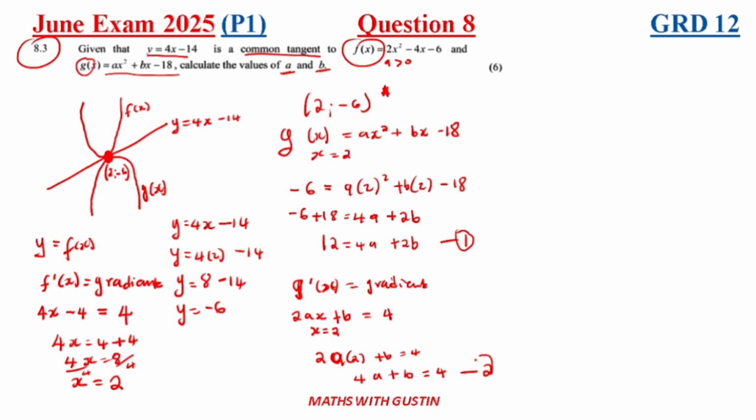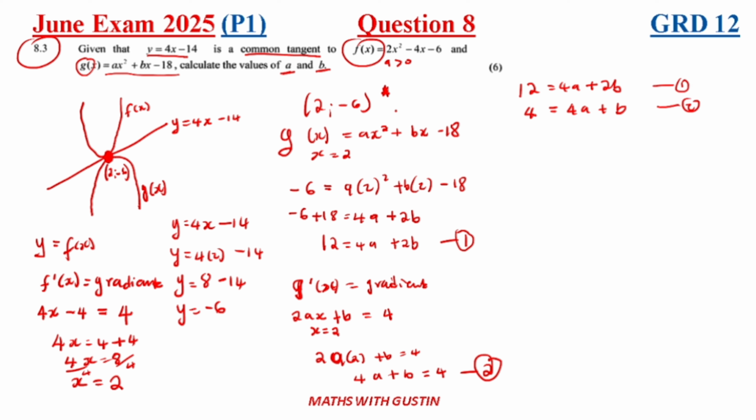Then this will be our equation number 2. So now we've got these equations together. Let's put them here: 12 is equal to 4a plus 2b, and then we also have 4 is equal to 4a plus b. Now this is our equation 1, this is our equation 2.